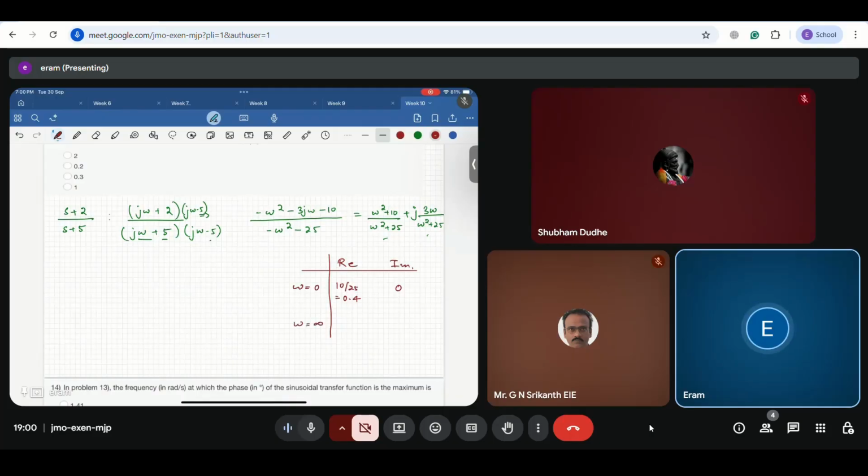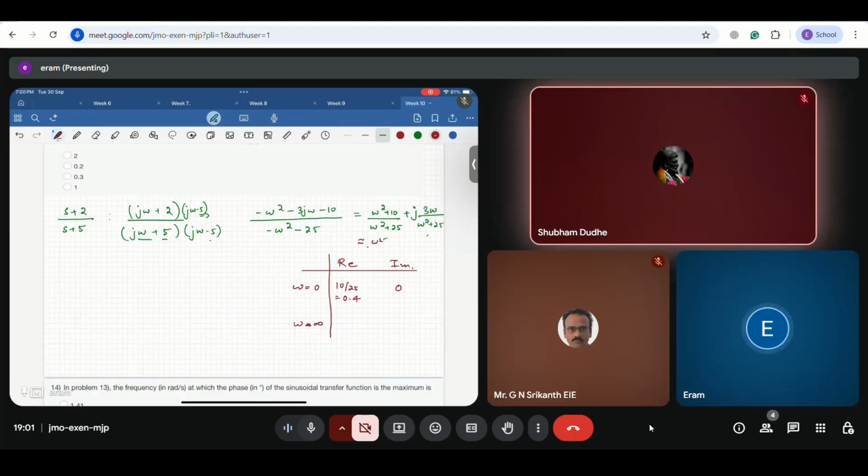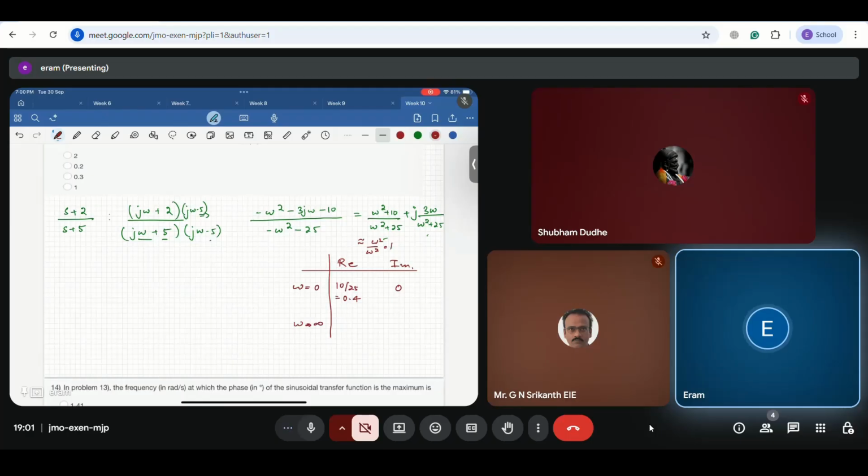What about ω tending to infinity? The real part will be ω² by ω², that is 1, and the imaginary part, 3 by ω, we can approximate as 0 again.